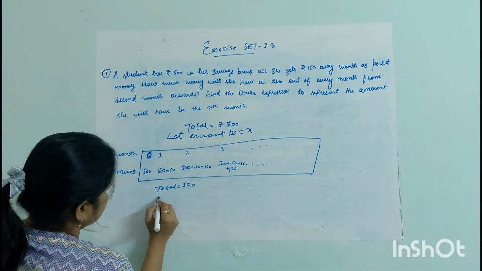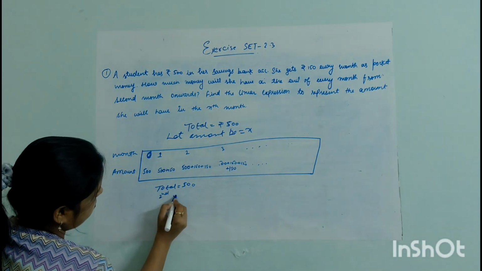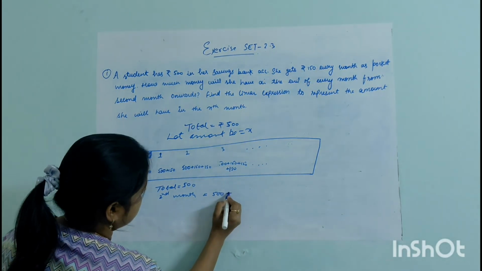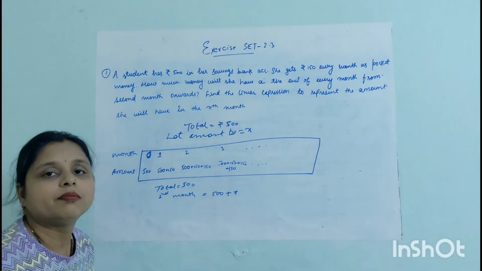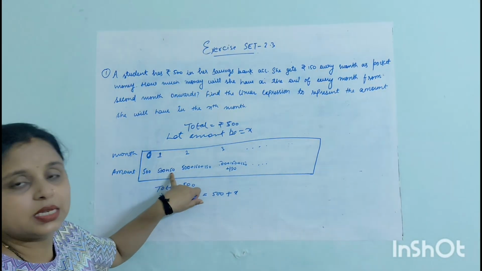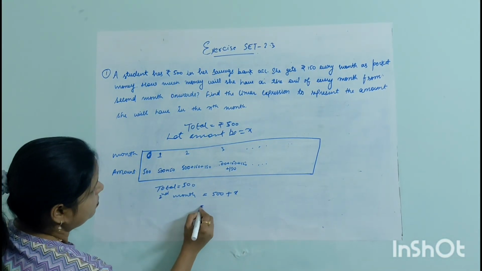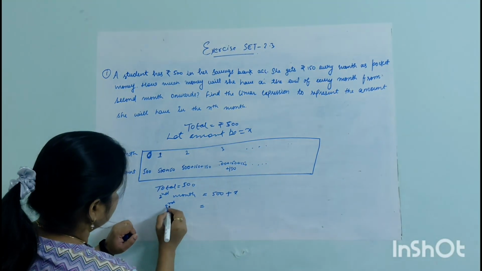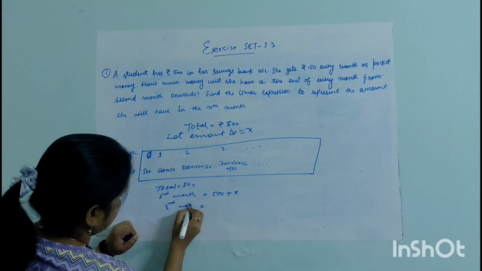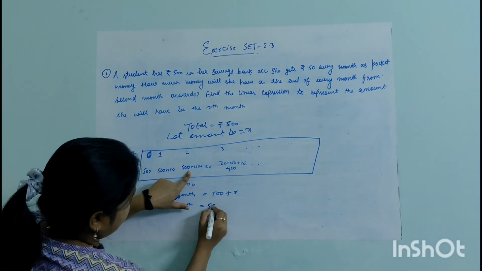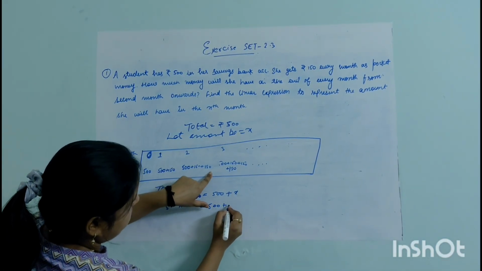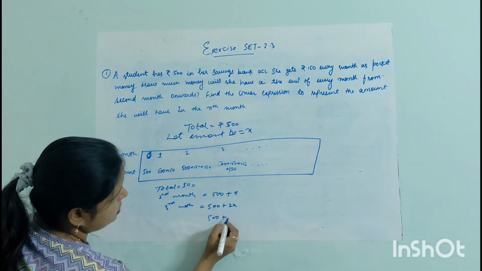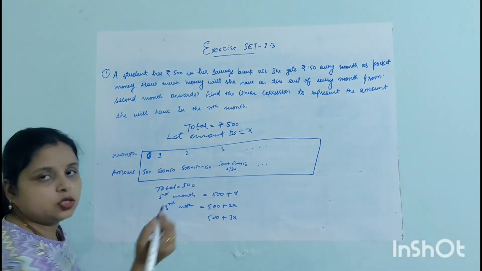Then in second month it is 500 plus x. If I consider this x, in next month it will be 500 plus 2x. Then in next month it will be 500 plus 3x and so on.